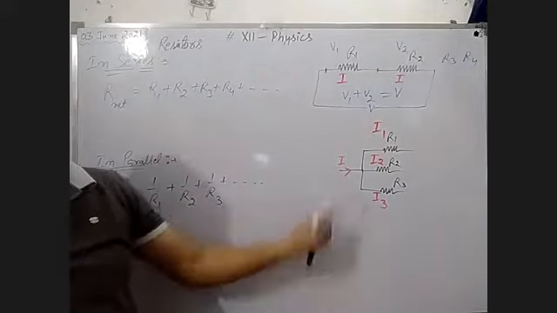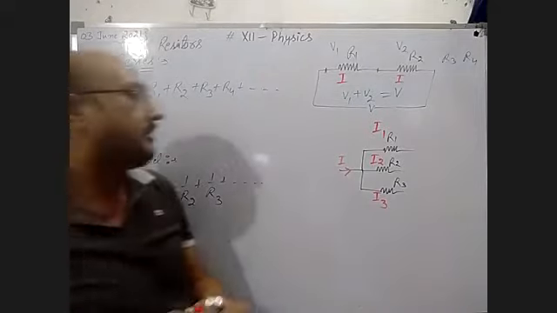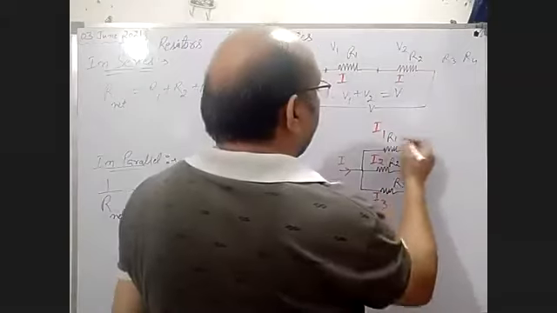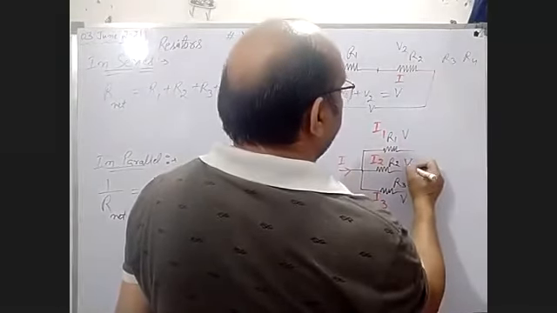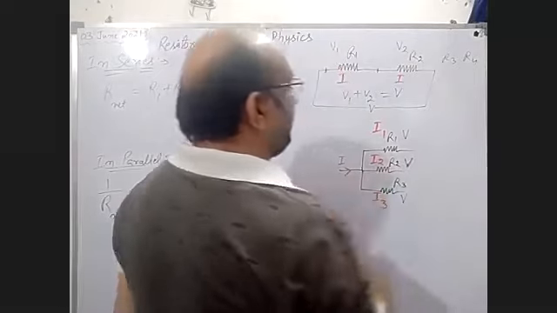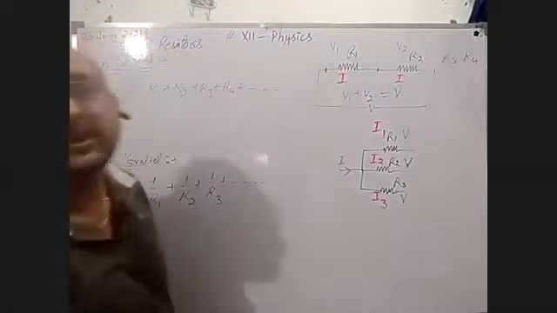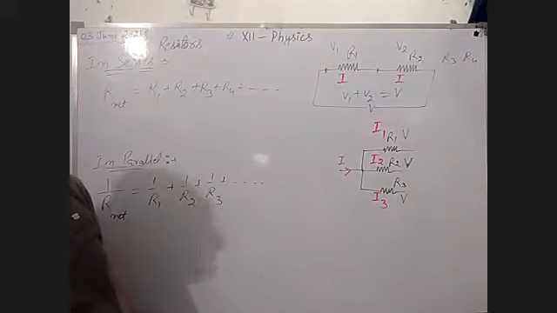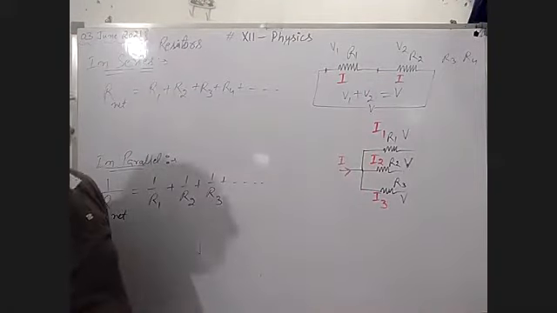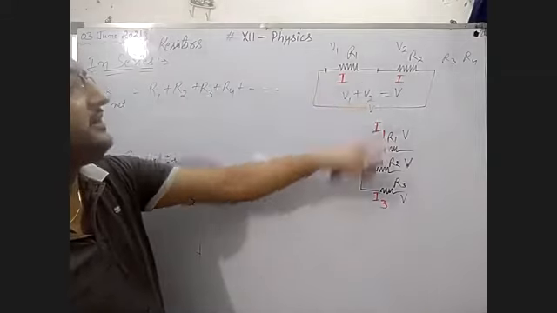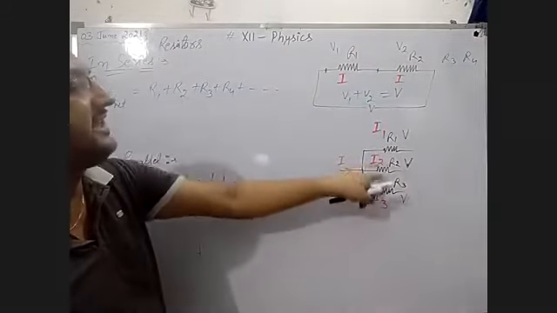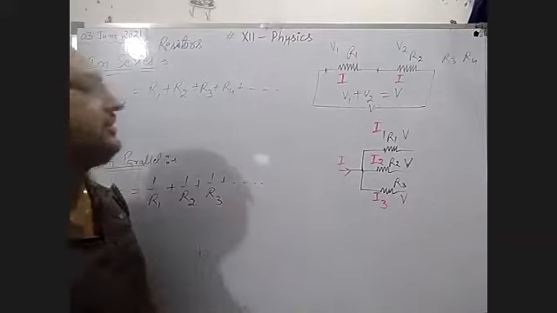But in parallel combination, voltage is always the same in all the resistors, R1, R2, R3. Okay. So here in series the voltage is different for each resistor, and in parallel the current is different for each resistor.